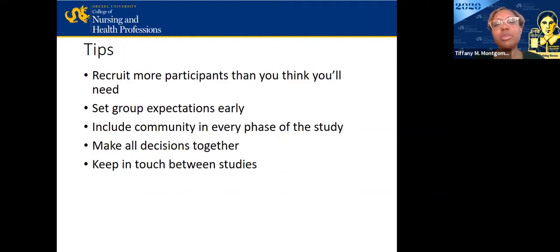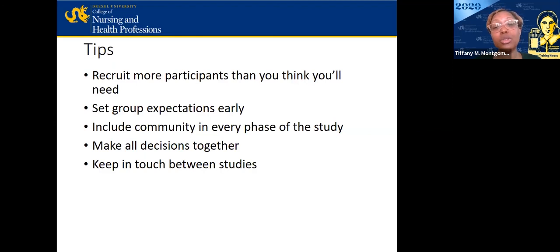A couple of tips that I can give really quickly about using community-based participatory methods in your work. Definitely recruit more participants than you think you'll need, always. With the research advisory board and with the focus group, both times I recruited until I got 8 people who said they would come to these meetings.